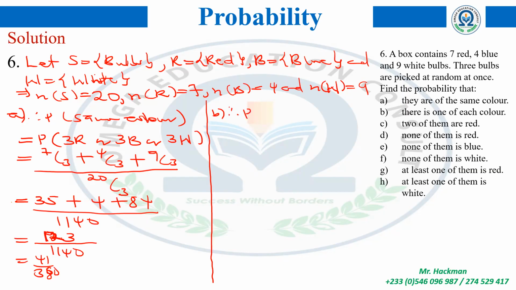P, one of each color. And this will be equal to, who can help? We have 3 bulbs that we are selecting, but the condition is that you should have one of each color. So what would that mean? It will be P what?